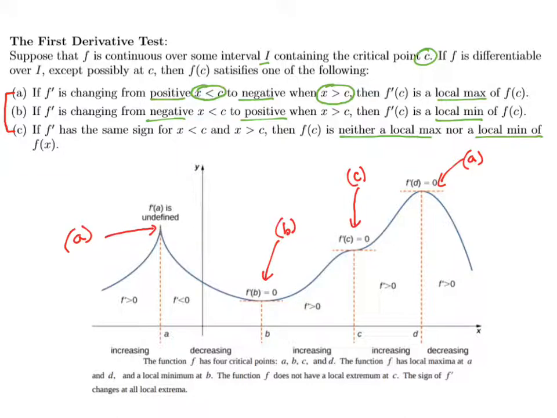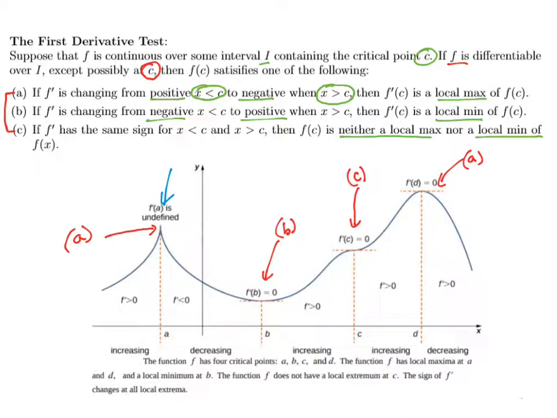One last thing I want to highlight here. In the second sentence, it says, if f is differentiable over the interval, except possibly at the critical point. And so that is what's happening right here. So f prime is undefined.